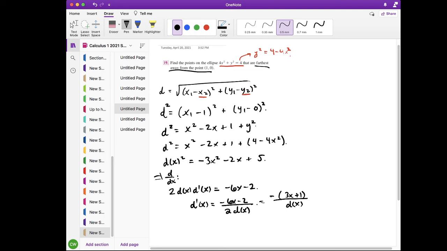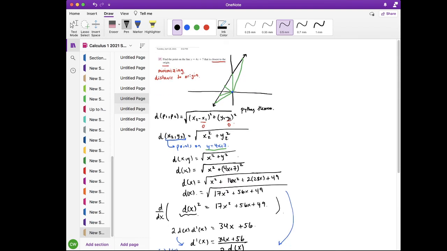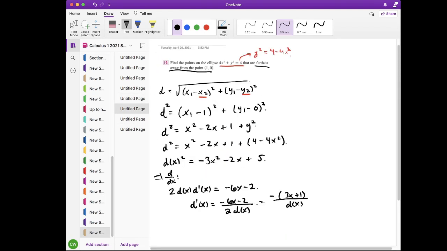Yeah, if you just plug in (1, 0) into the ellipse, you get 4 equals 4, which means it's on the ellipse. So why don't I care about d of x equal to 0? The other one, it's never going to equal 0, so that's why we didn't care about it. But why don't I care about it here? Think about the wording of the question, the two questions.